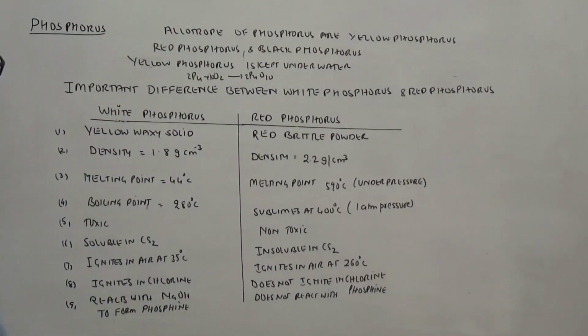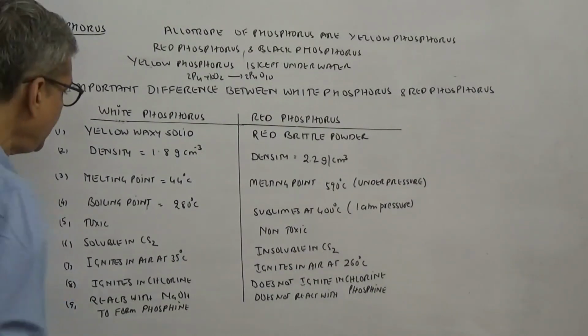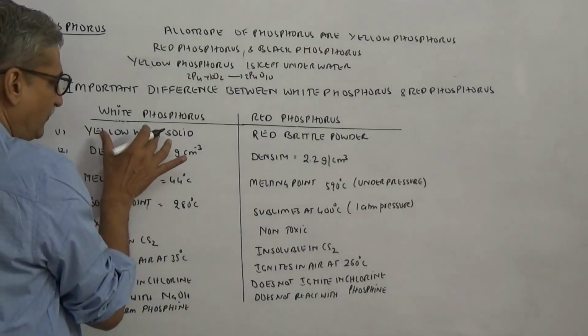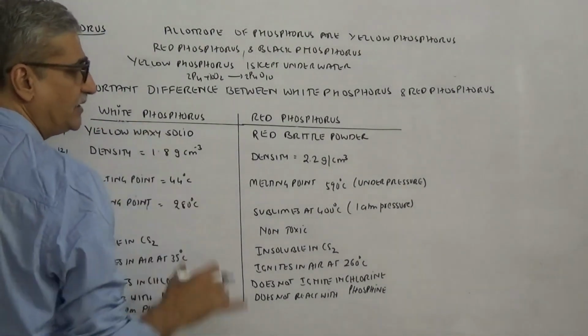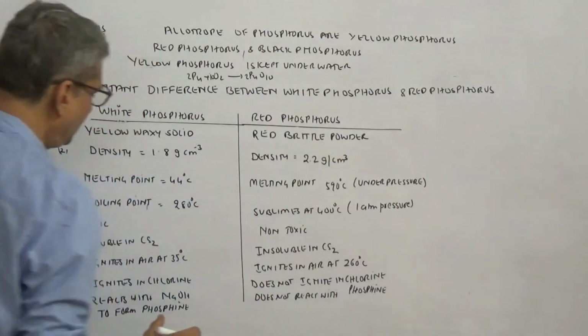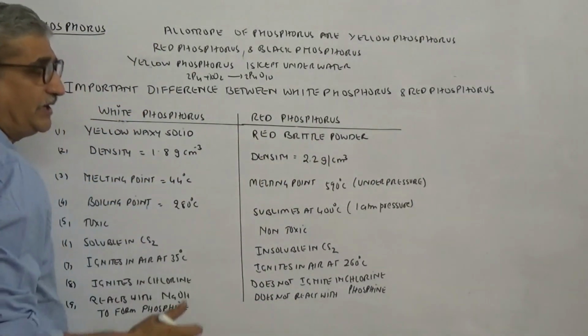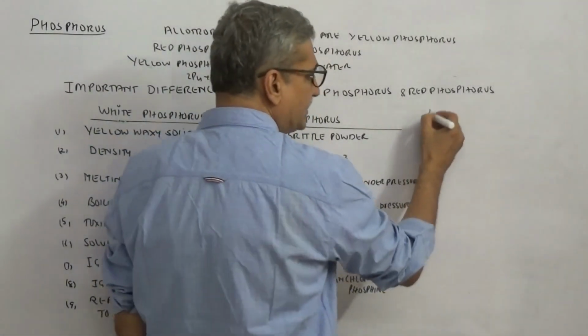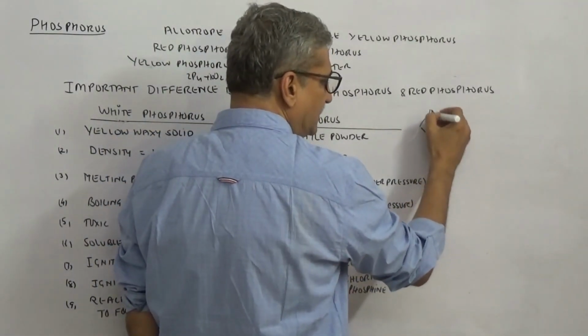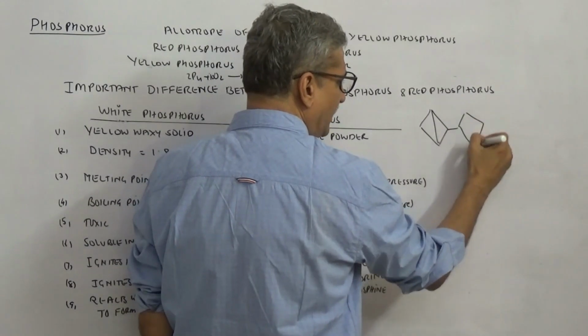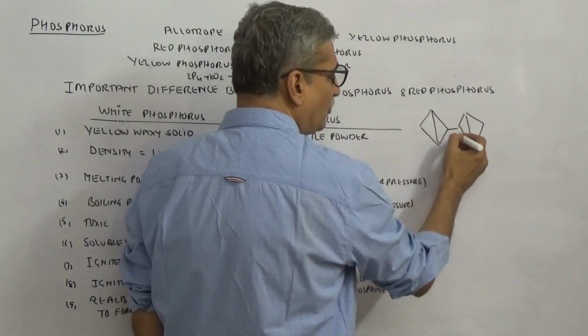Now, let us first look at the important differences between white phosphorus and red phosphorus. See, white phosphorus or yellow phosphorus is a yellow waxy solid, whereas red phosphorus is a red brittle powder. Since red phosphorus is macromolecular, the structure is such that one P4 is connected to another P4 by a covalent bond.